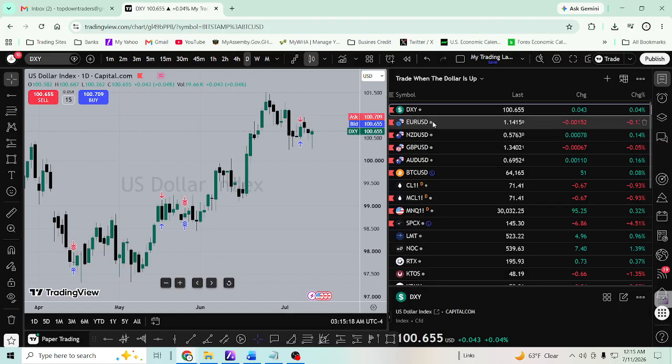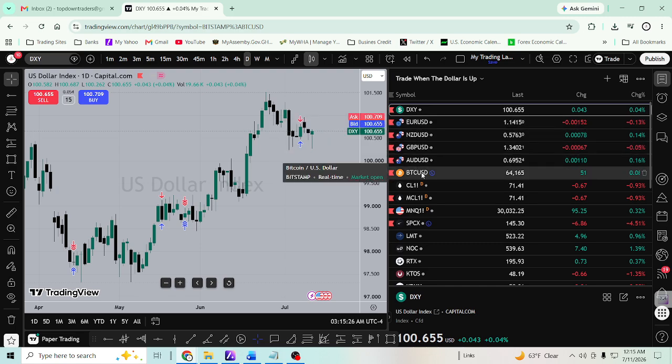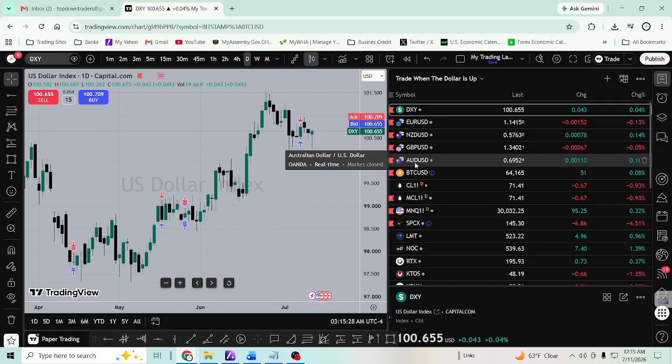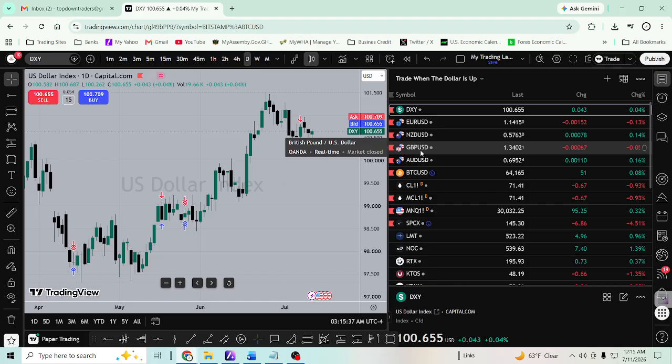Each one of these currency pairs, the Euro dollar, New Zealand dollar, British pound dollar, the Aussie dollar, all these dollar pairs you see with the USD in the end of the currency pair. You have the Aussie dollar USD, British pound USD.